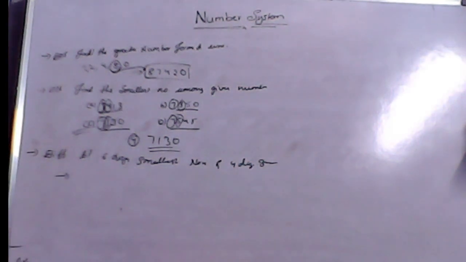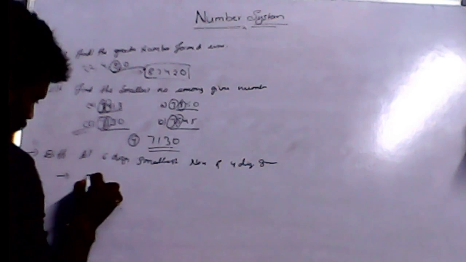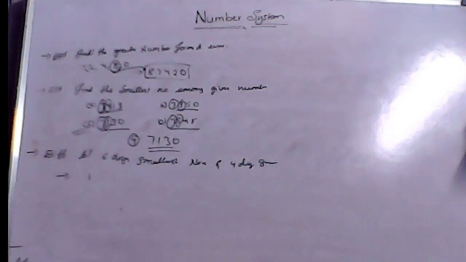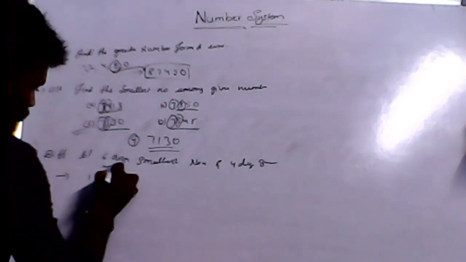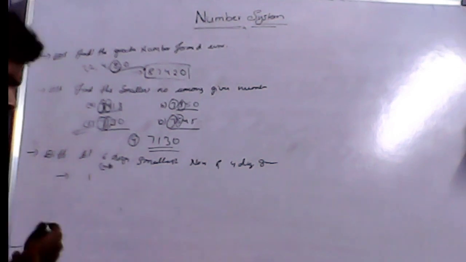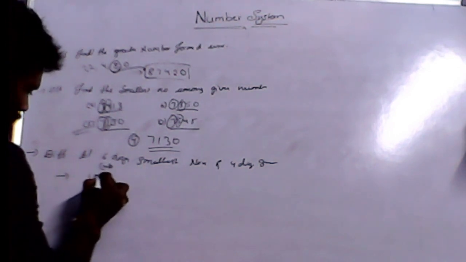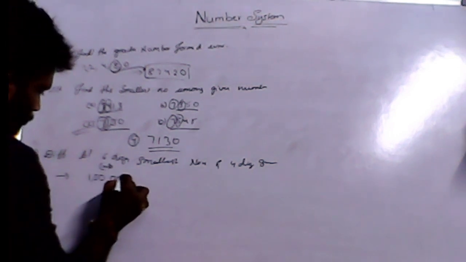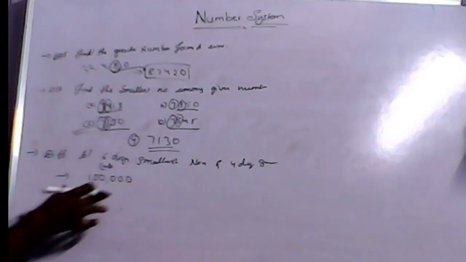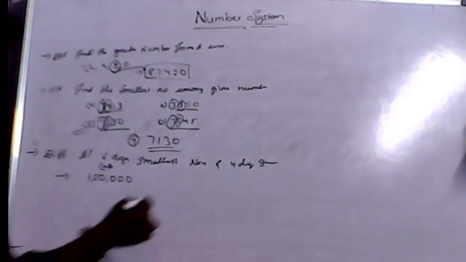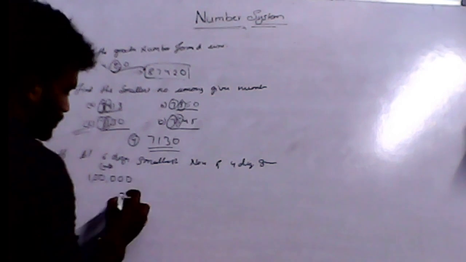To form the 6-digit smallest number, we place 1 in the leftmost place and n-1 zeros to the right of that, so 100000. So this is the smallest 6-digit number, right? And then the 4-digit greatest number.